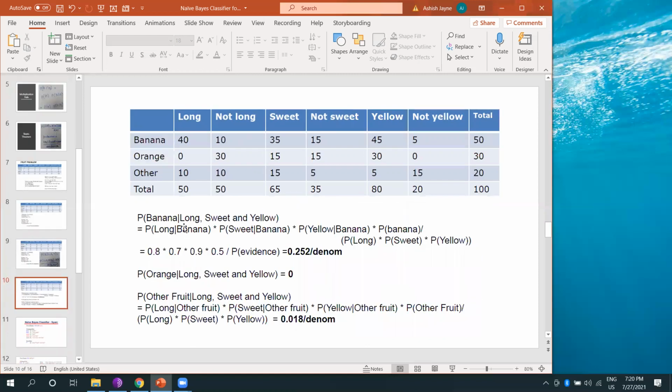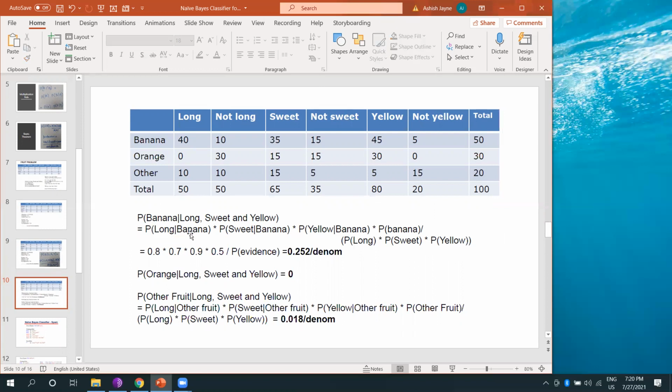Now over here, as you can see, P(long | banana), this equation over here has been derived from Bayes rule and Bayes theorem. Now we have to put the values.